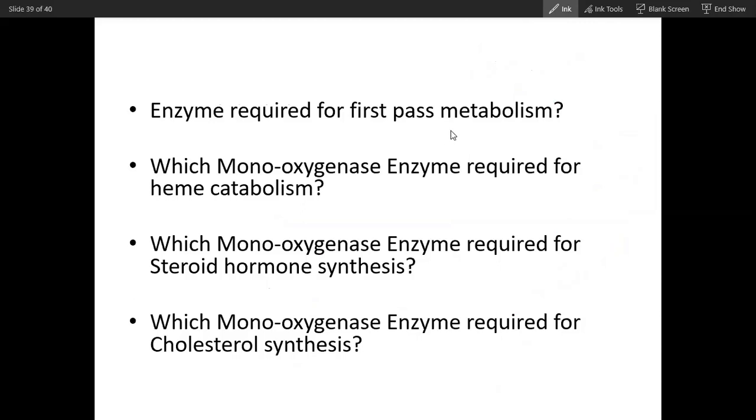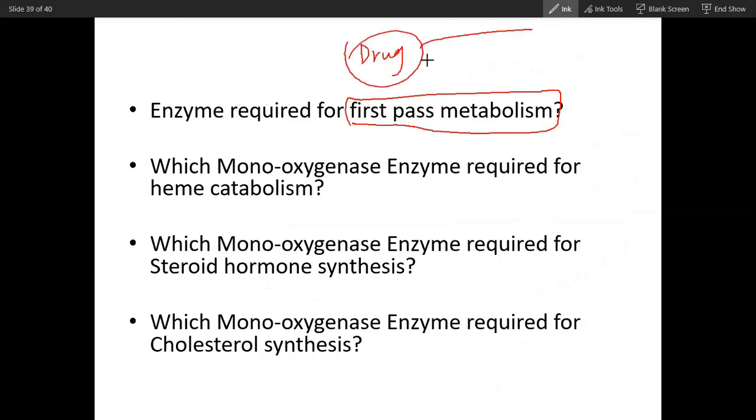Enzyme required for first pass metabolism is, what is the enzyme that is required for first pass metabolism? What is first pass metabolism? All drug that is absorbed from intestine will go through liver, through portal vein.